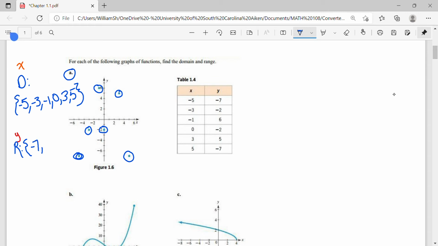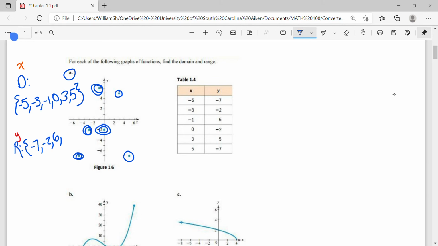My y at this next point here is -2. Now my next point here going towards the right is up top here. My y there is a 6. My next point here is a -2.